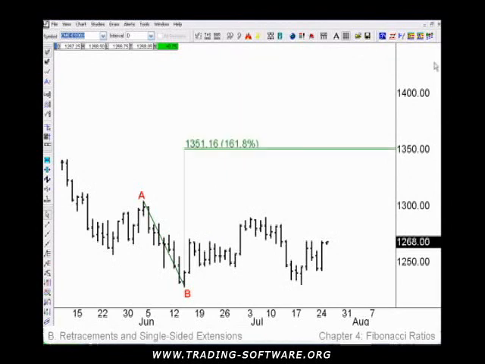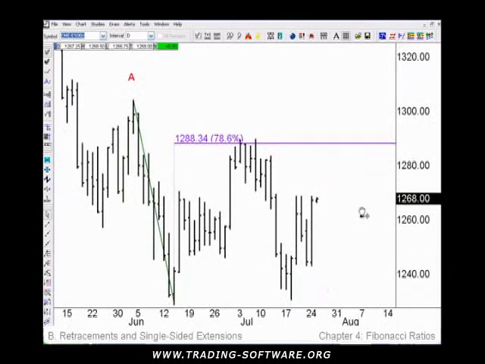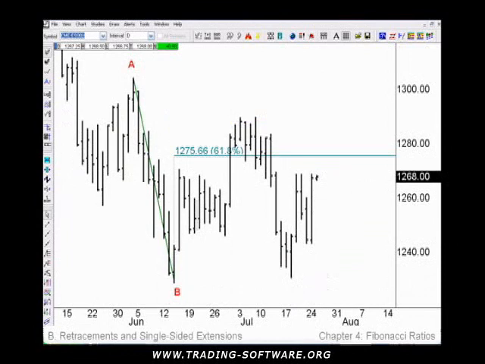Here's the 161% extension. Here's the 1.27 and the 78%. Let me blow it up a little bit. 61 and 38%. Let's take a quick random look at these extensions and retracements off of this chart.